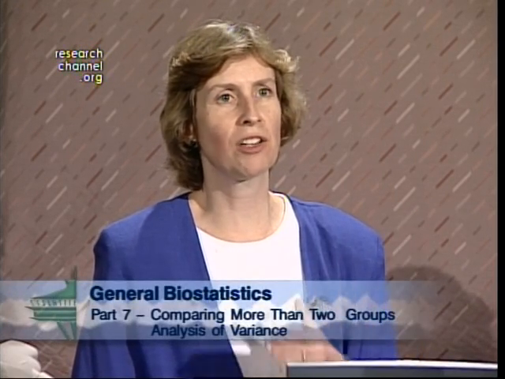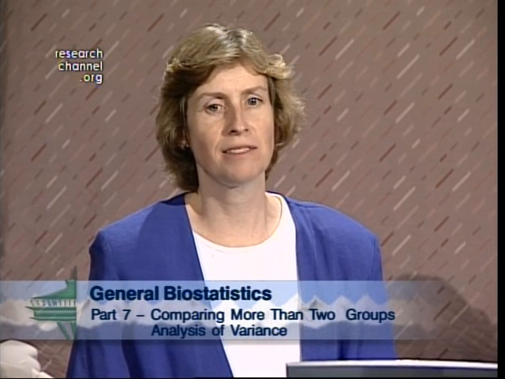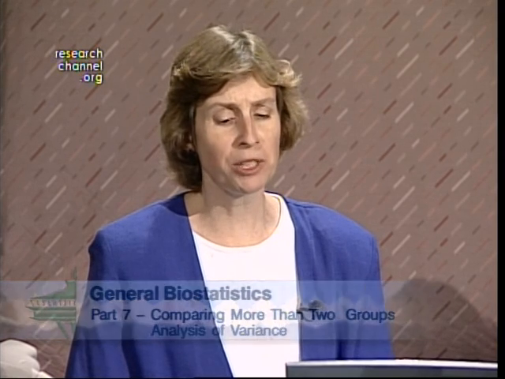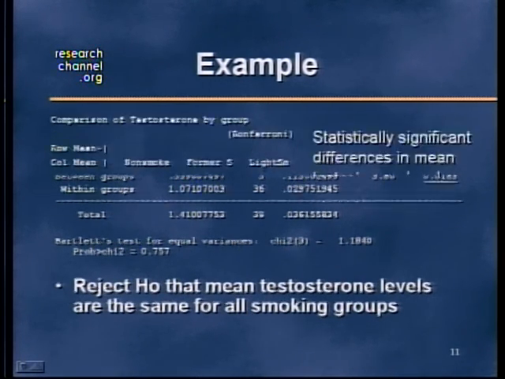So if our null hypothesis is that all the means are the same, what would we conclude based on this F test? We'd reject the null hypothesis and conclude that we can't conclude that all of the means are the same. We'd conclude that at least one is different.